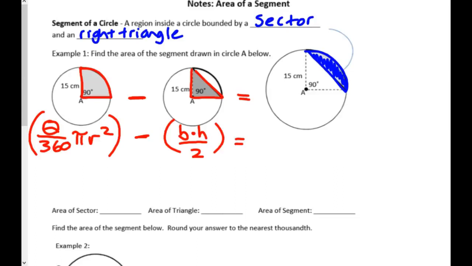So what is theta? What is the central angle right here? 90. So 90 over 360, and then pi r squared. R is 15 squared. So everybody, let's do this first. 90 over 360, pi 15 squared.